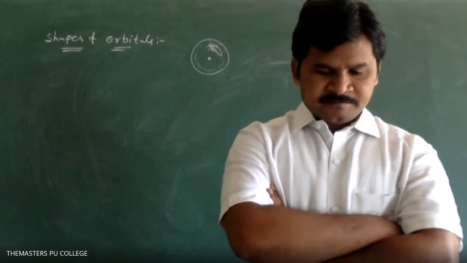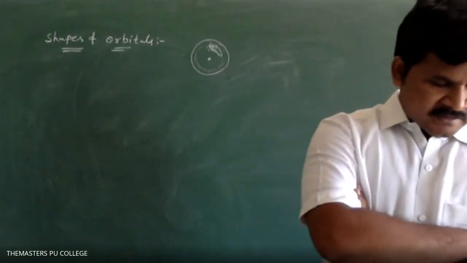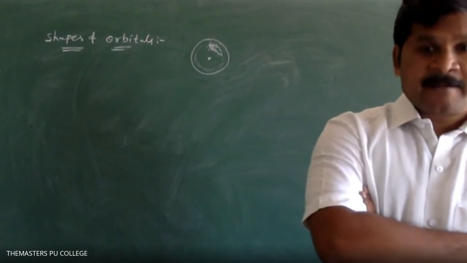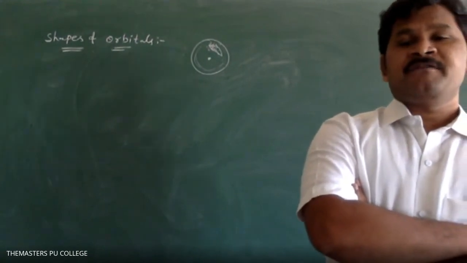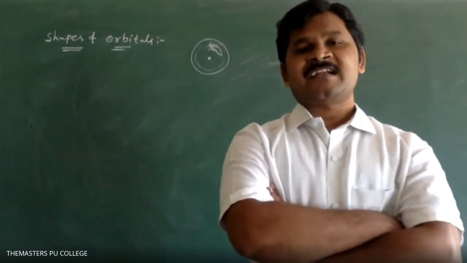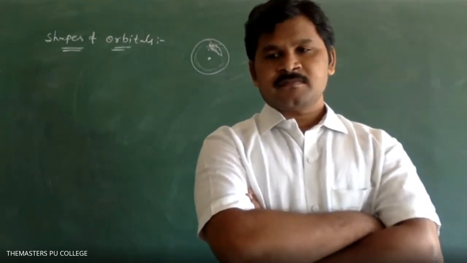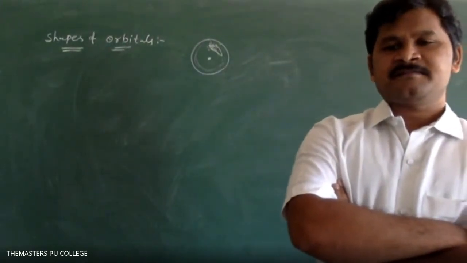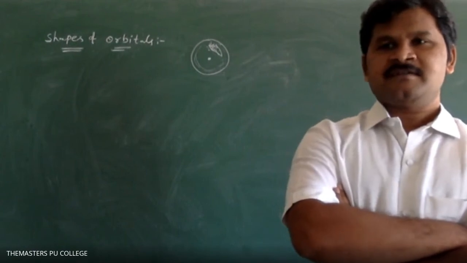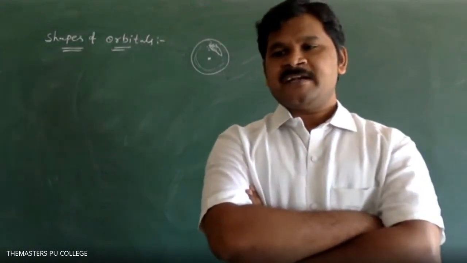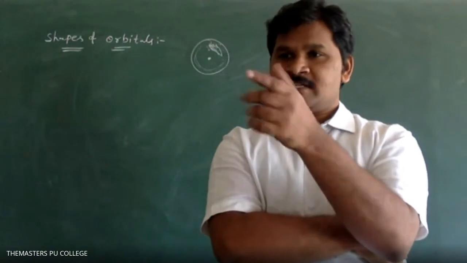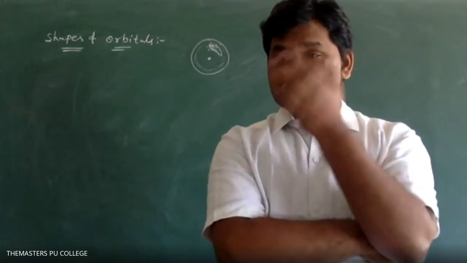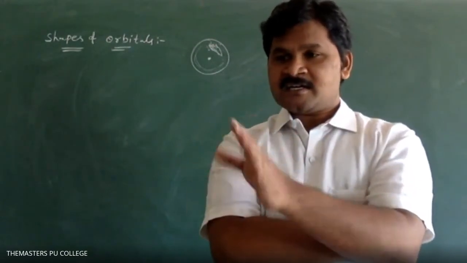Next one, the plane where the probability of finding an electron is 0. Maintain big notes. So these are not enough.